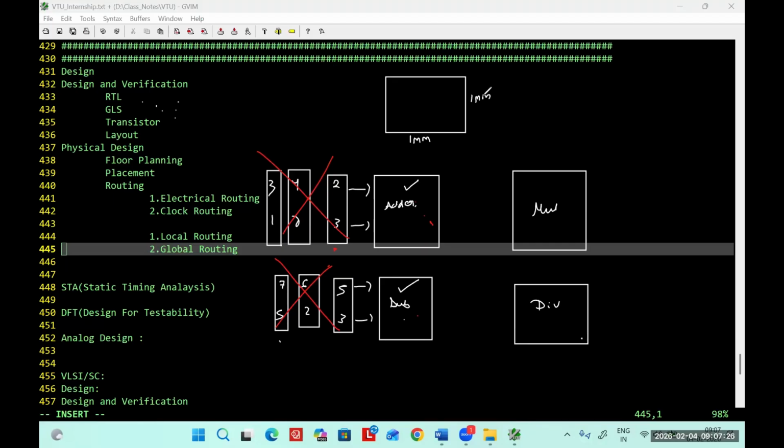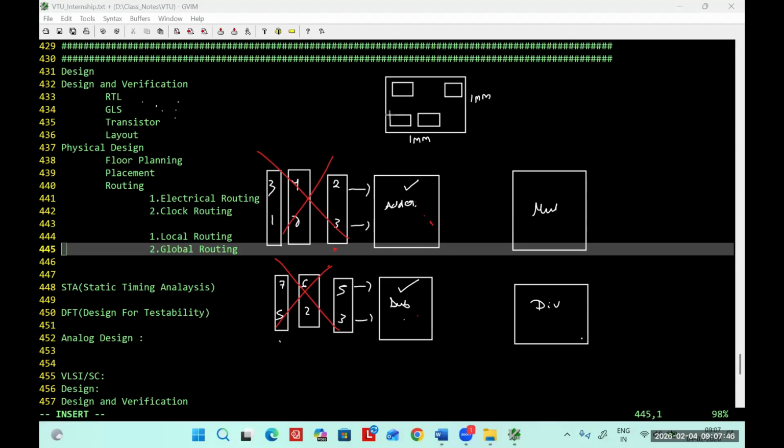I have verified all these blocks. Now what do I do? Maybe I need to keep the adder here, the subtractor here, multiplication here, division here. What do you call this?